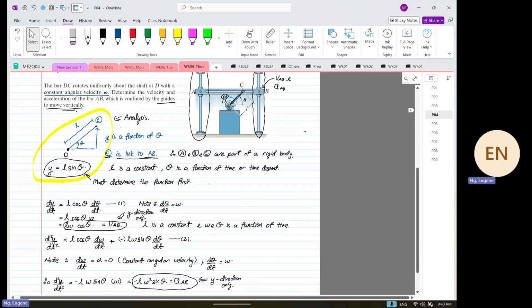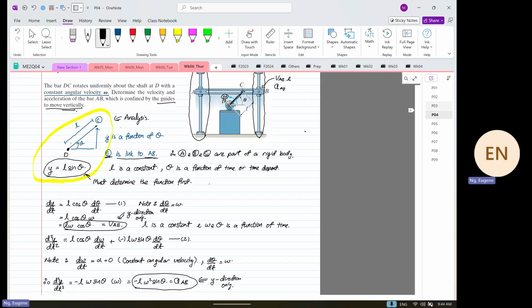No doubt the omega is constant, the angular velocity is constant, but you will still have an angular acceleration at arm AB. Are you okay with that? This is because of the what? When you go from 90 degrees to 45 degrees, and then from 45 to 0 degrees, the change in distance is smaller. What do I mean by that?